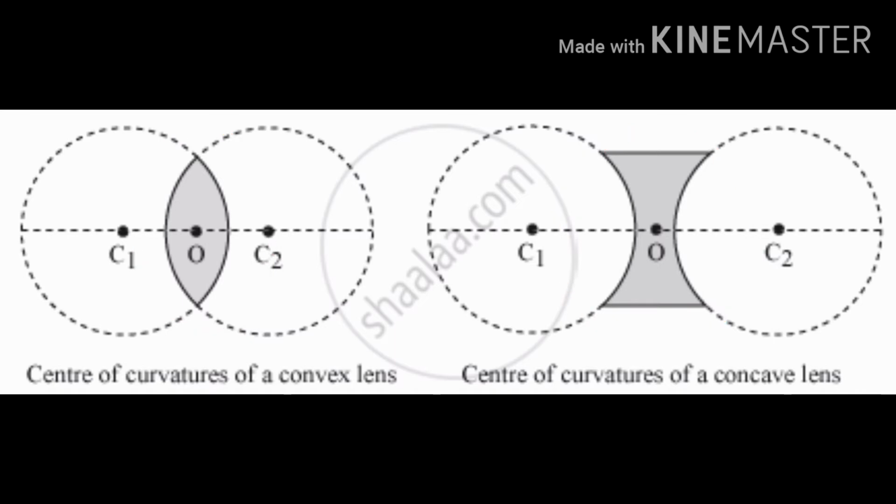Now let us learn some parts related to lenses. Center of curvature. It is denoted with the capital letter C. A lens with both the surfaces spherical has two centers of curvature, C1 and C2. The centers of the spheres of which the lens is a part are called centers of curvature.